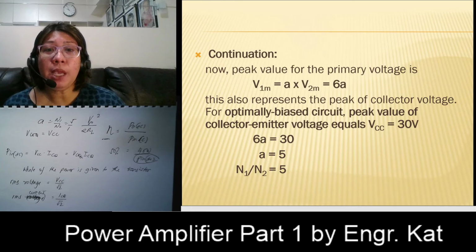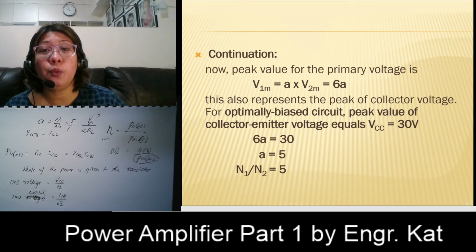Now your peak value for the primary voltage is, since this also represents the peak collector voltage, and for an optimally biased circuit, the peak value of your collector-emitter voltage is equal to 30 volts. So your primary is 30, divided by the secondary, which is 6, so we can solve for a.